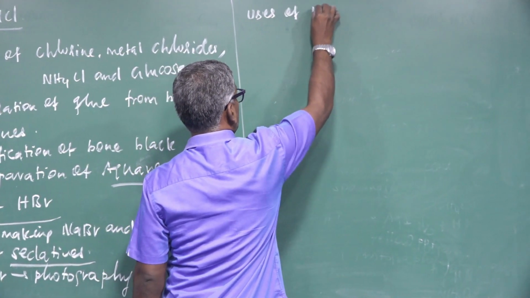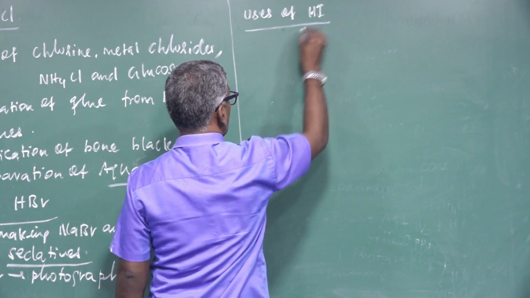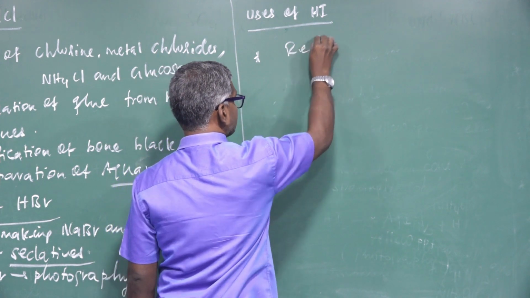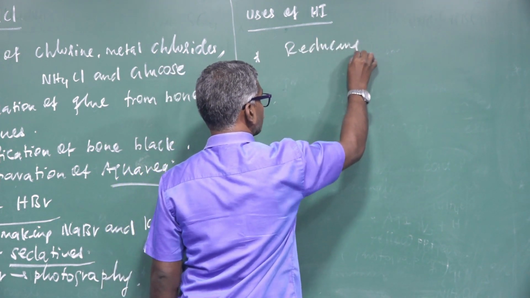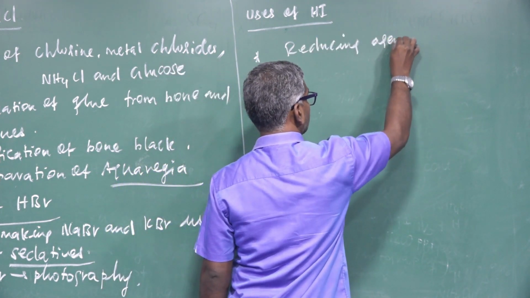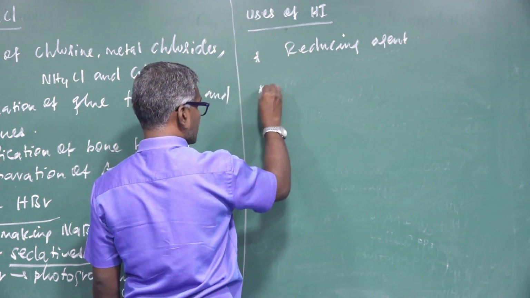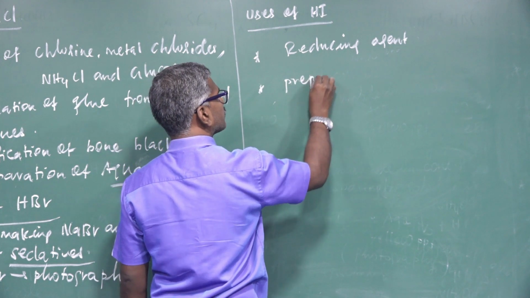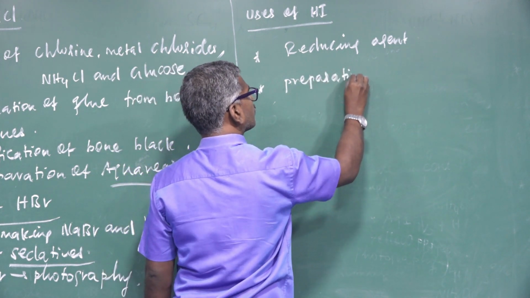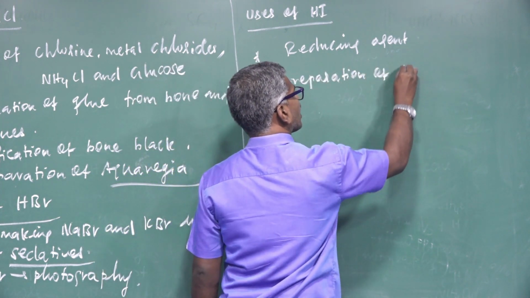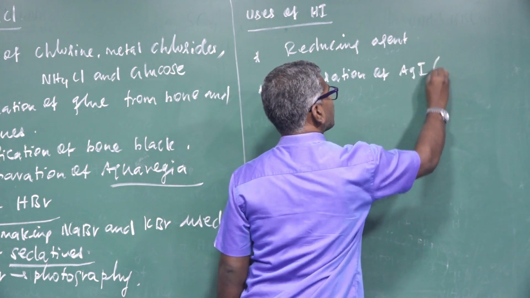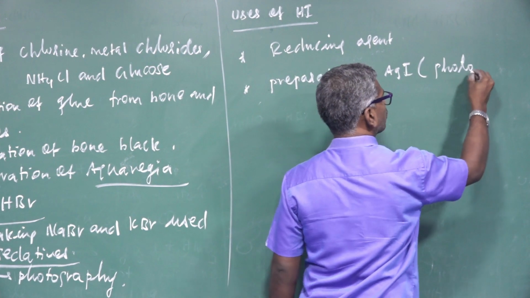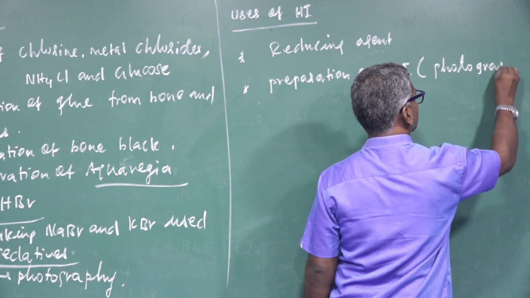Uses of HI. HI is used as a strong reducing agent. It is used in preparation of AgI, which is used for photography.